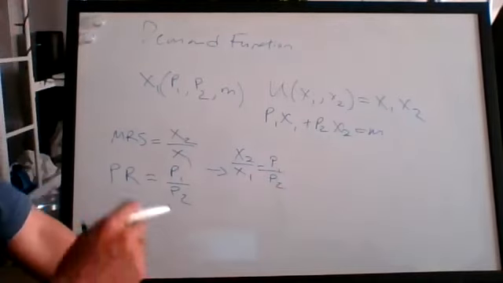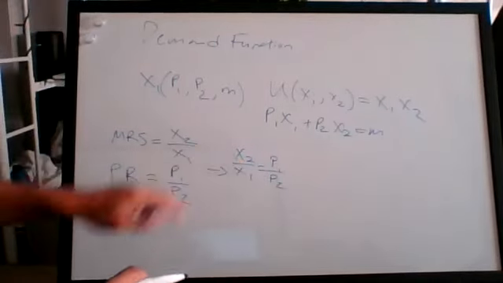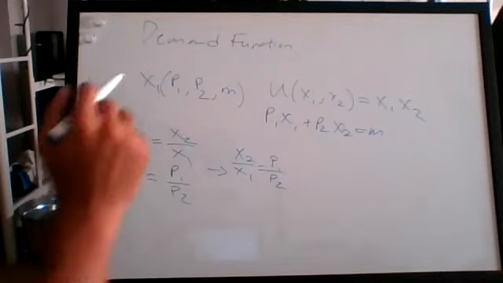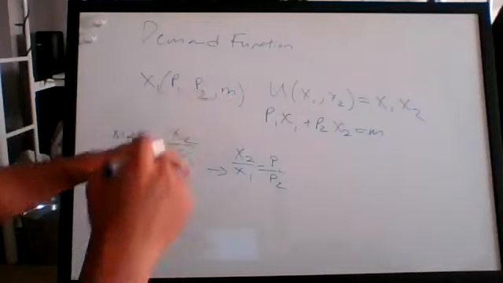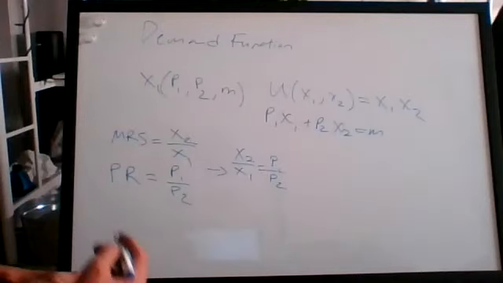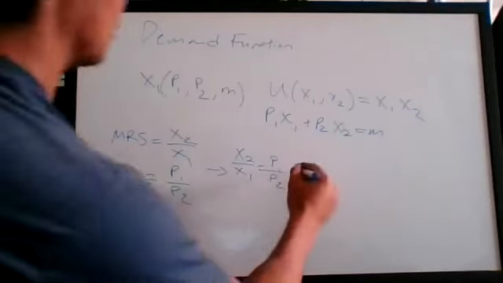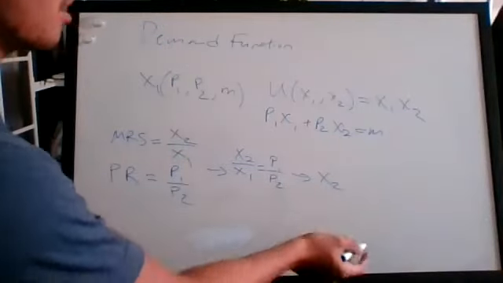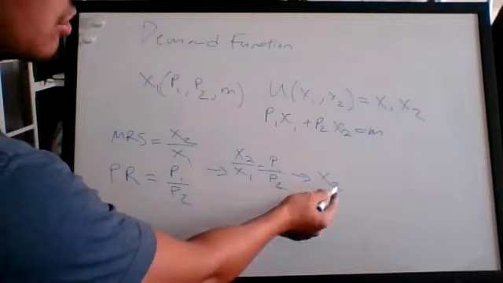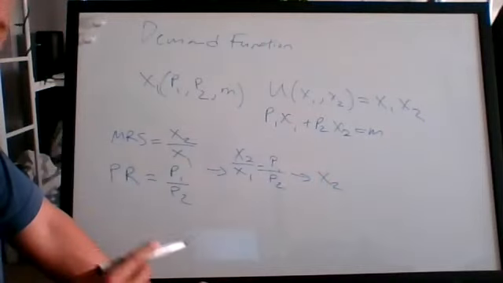And because we're looking for x1, I'm going to want x1 to be in my function. So you'll see what I mean in just a sec. I'm going to solve for x2 because later on I'm going to plug x2 back into my budget constraint.